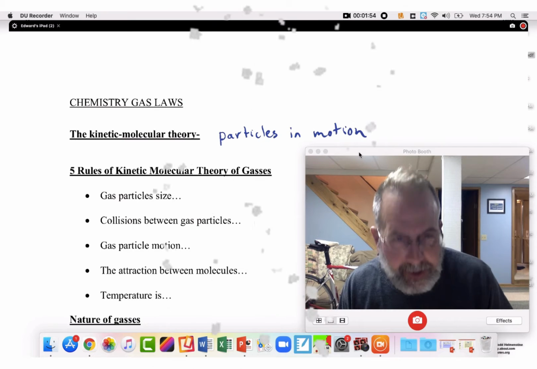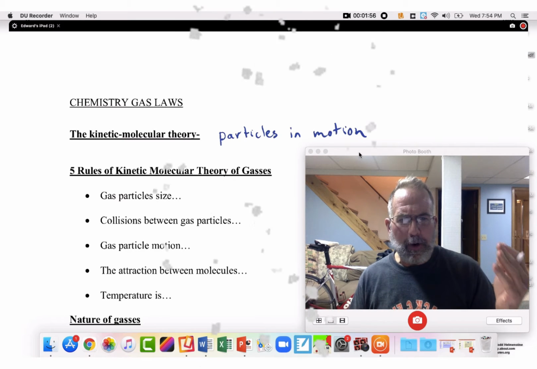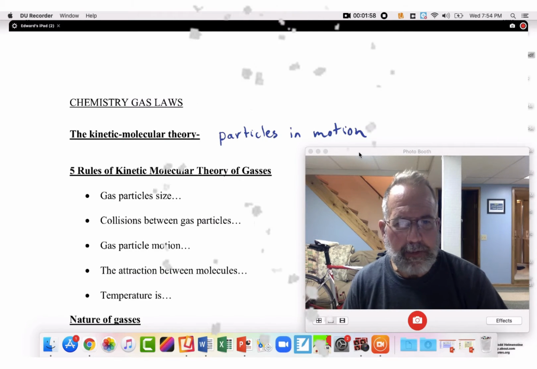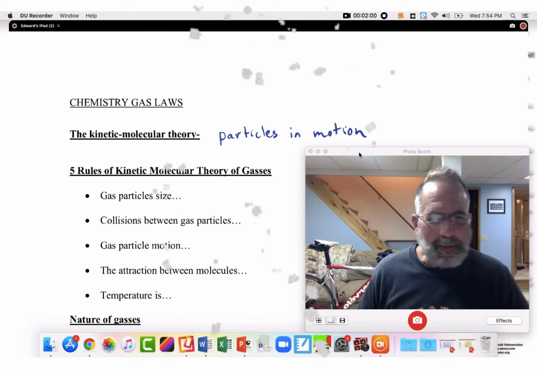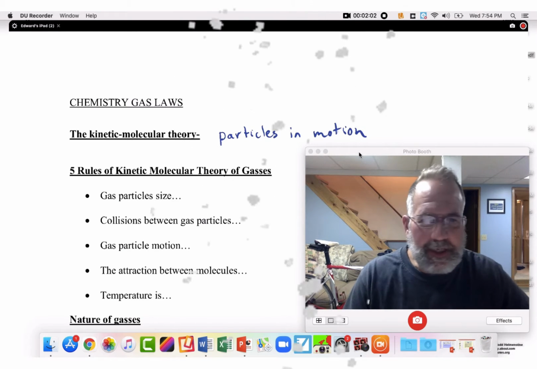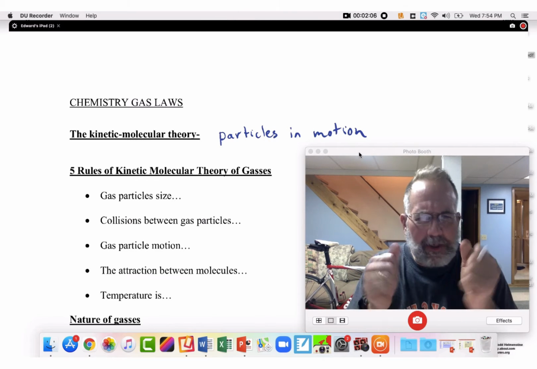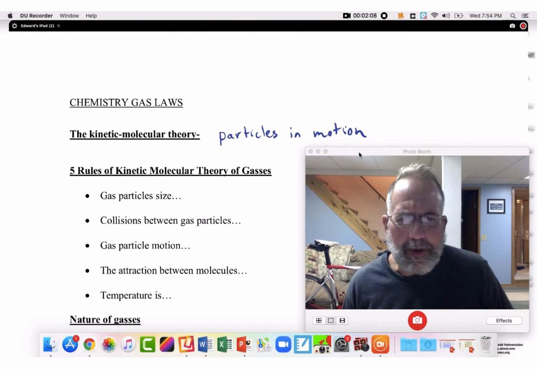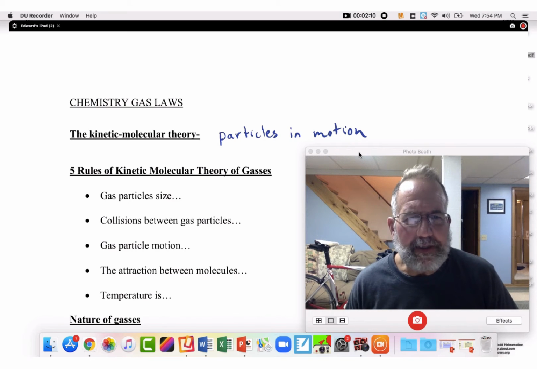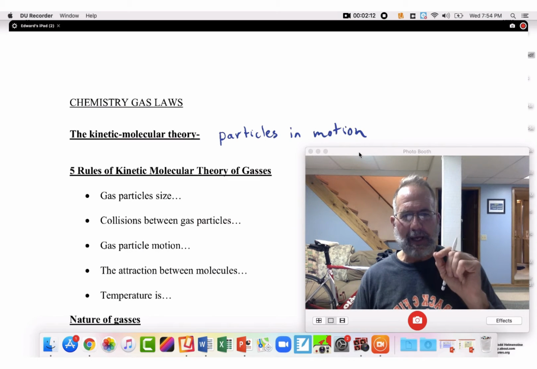All that's saying is that everything is made out of particles, and those particles are moving all the time. Simple, right? Now we could go into details, talk about solids and liquids, and we've talked about that kind of stuff over the whole year. But we're going to focus in on the gases this time.